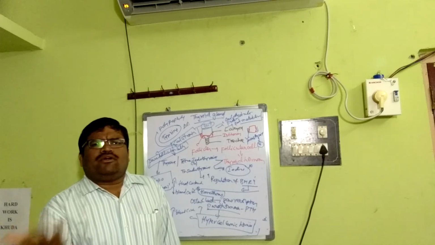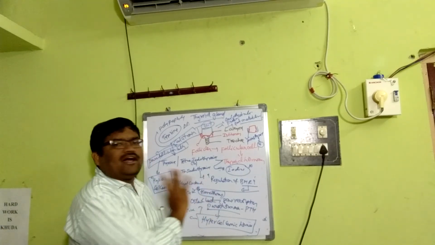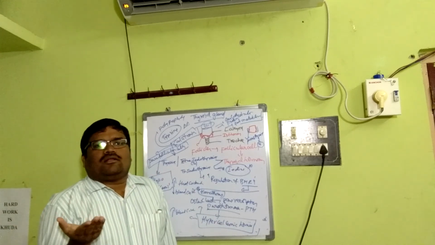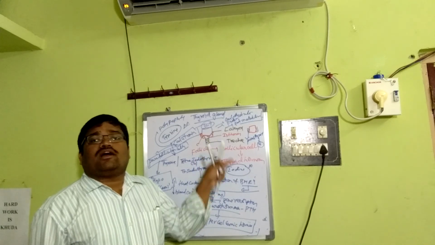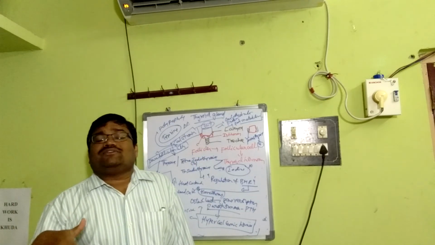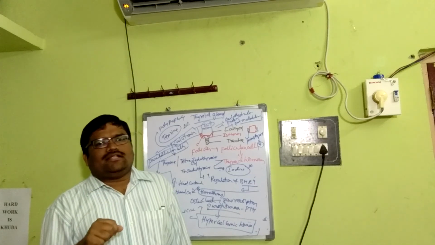The physiological condition is that when blood calcium level is reduced, the parathyroid hormone comes and raises the blood calcium level. When the blood calcium level increases, calcitonin comes and reduces it. That is why calcitonin is a hypocalcemic hormone, whereas parathyroid hormones are hypercalcemic hormones.